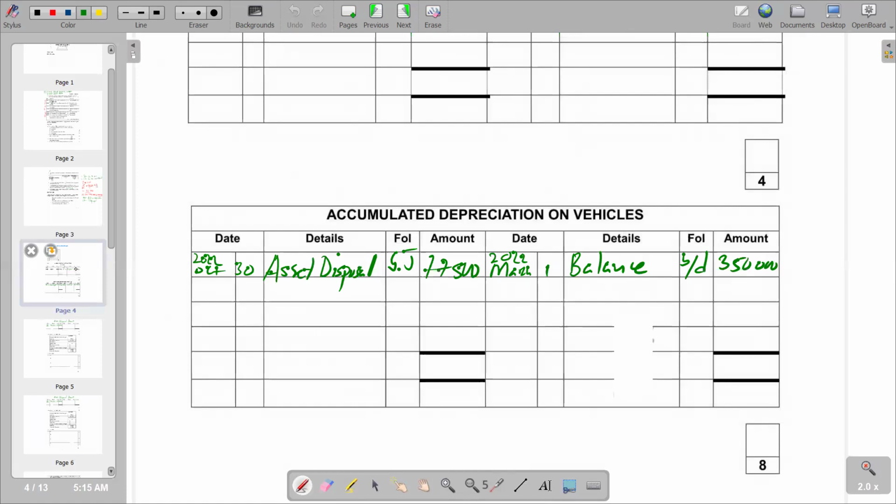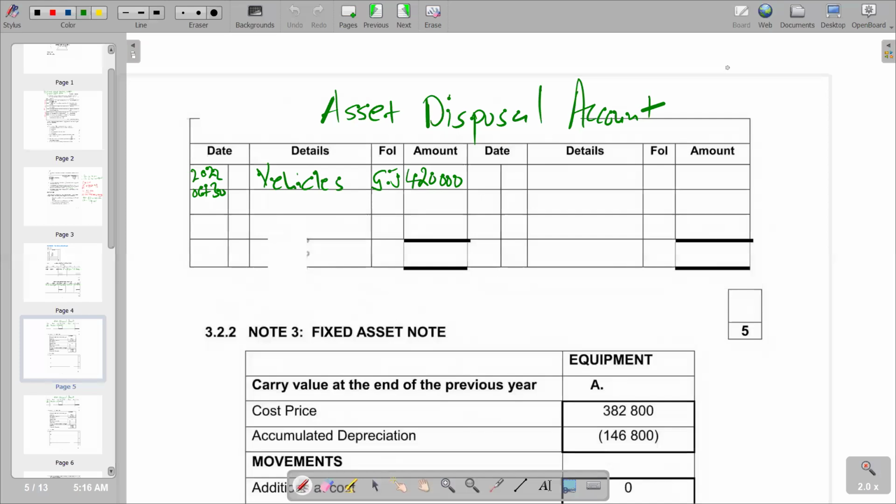So on our disposal, we are going to the credit side, and the date is again 2022 October 30. And on the details, we are saying accumulated depreciation on vehicles.